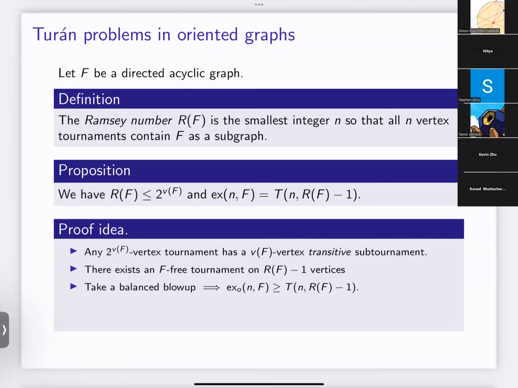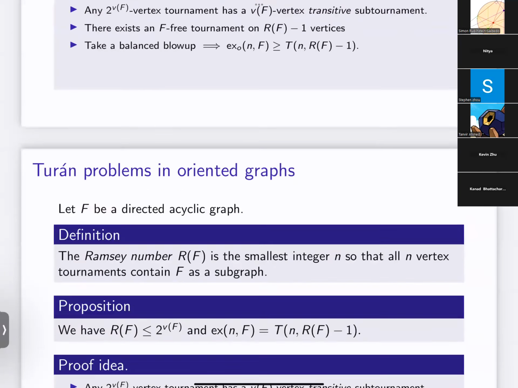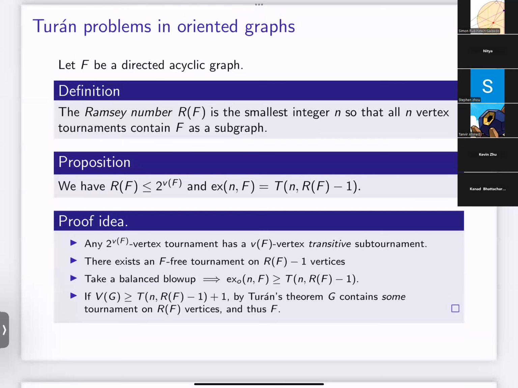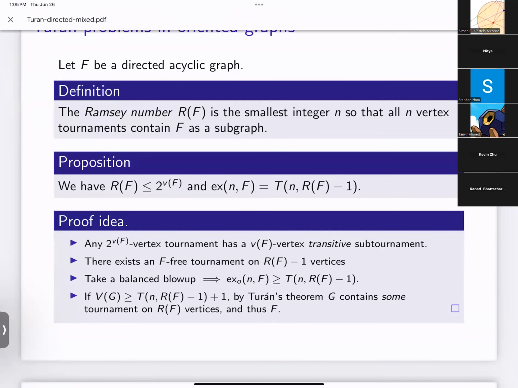However, I told you this was an equality, right? So we need a matching upper bound. And the way we get a matching upper bound is by a very simple observation. Suppose I had an oriented graph that had at least one more edge than this number. Now, we can just forget about the fact that this graph is oriented.